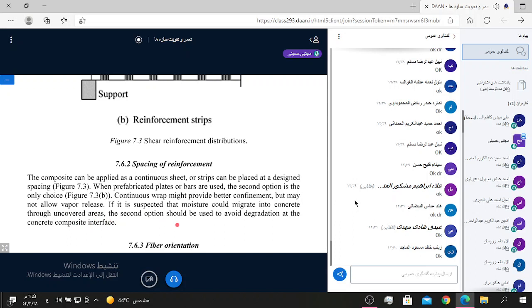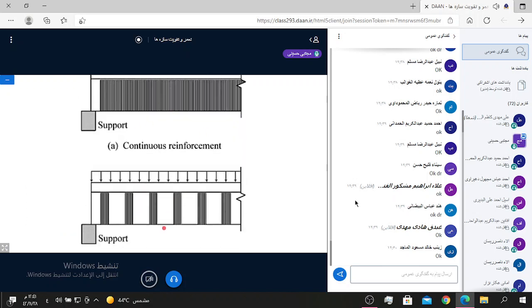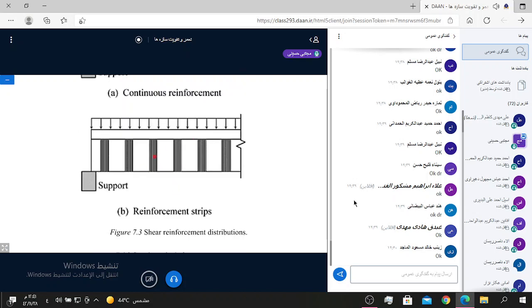The second option should be used to avoid degradation at the concrete composite interface. This is better, but some may be used in this case.